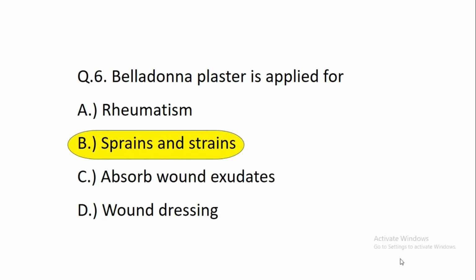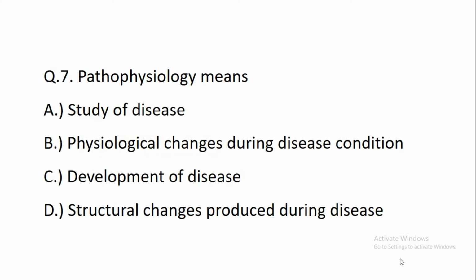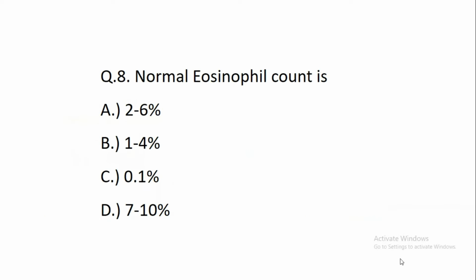Sprains and strains. Question number 7. Pathophysiology means A, study of disease; B, physiological changes during disease condition; C, development of disease; D, structural changes produced during disease. The answer is study of disease. Question number 8.